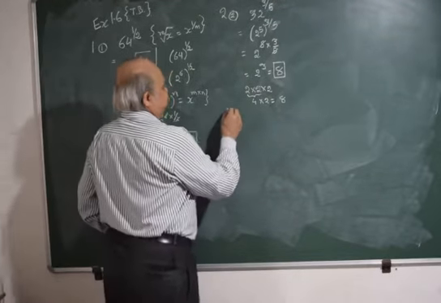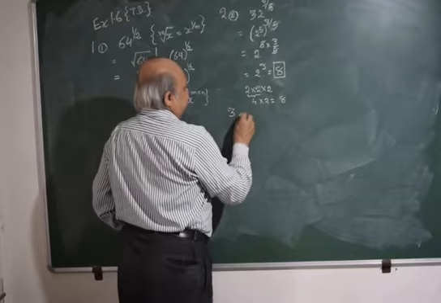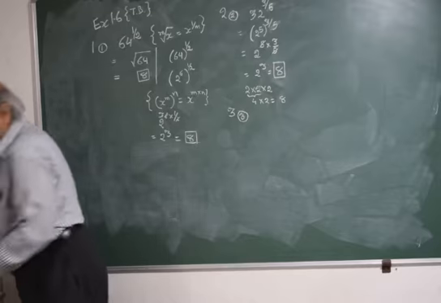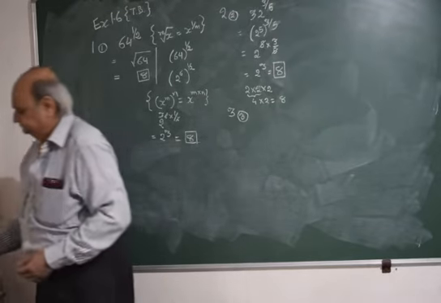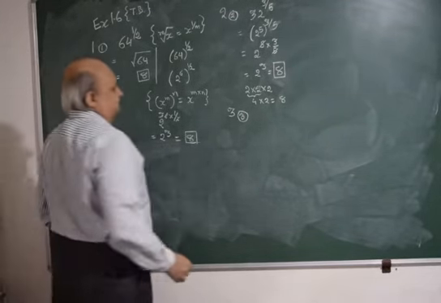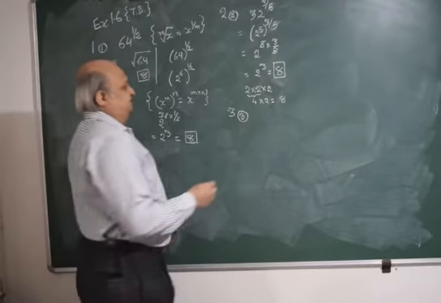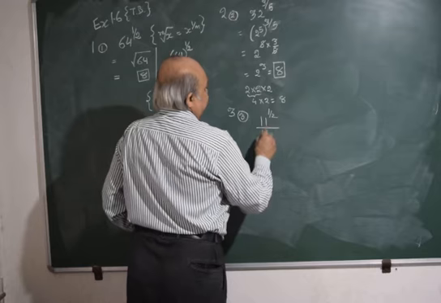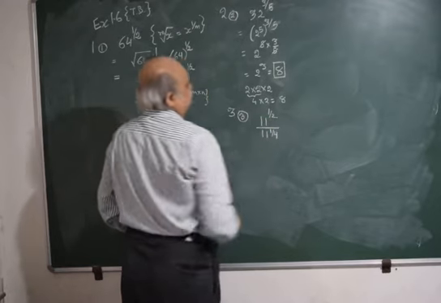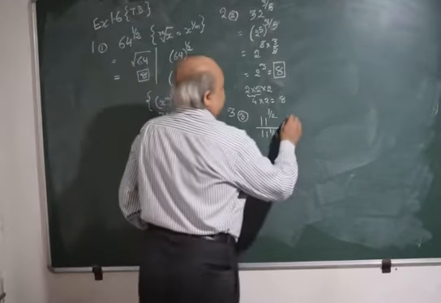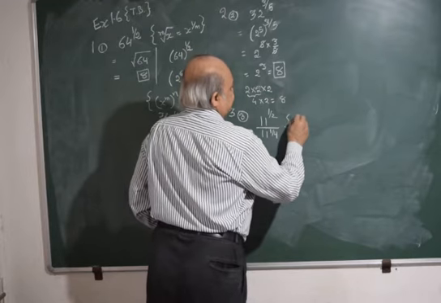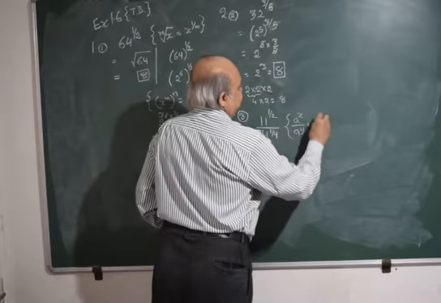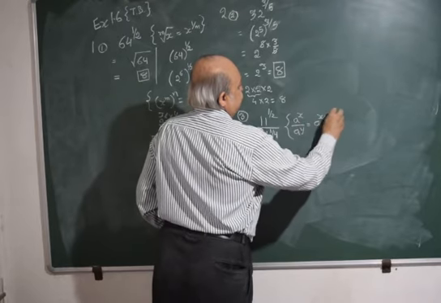Question number 3, the third sum. Here we don't have to find the value, we have to only simplify. And the question is 11 raised to 1 upon 2 upon 11 raised to 1 upon 4. Now our law says a raised to x upon a raised to y is equal to a raised to x minus y.